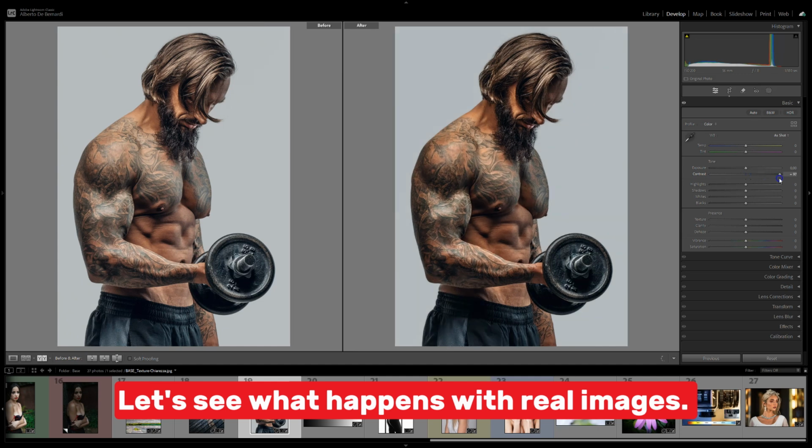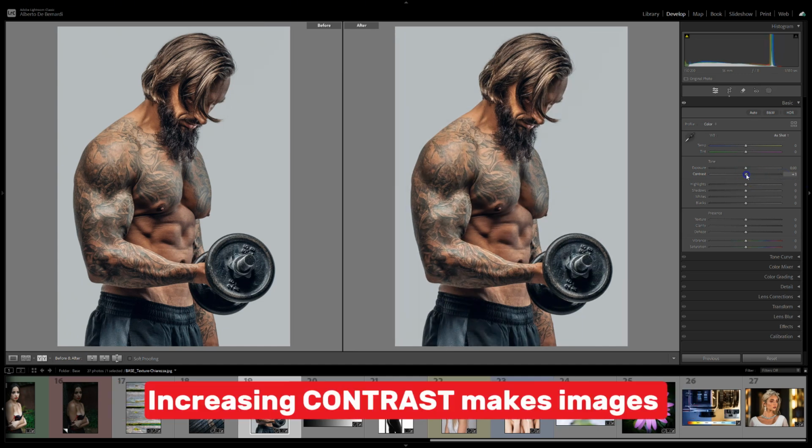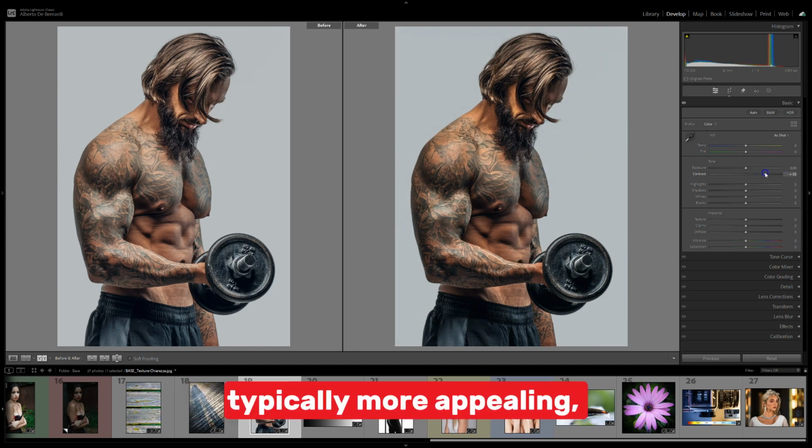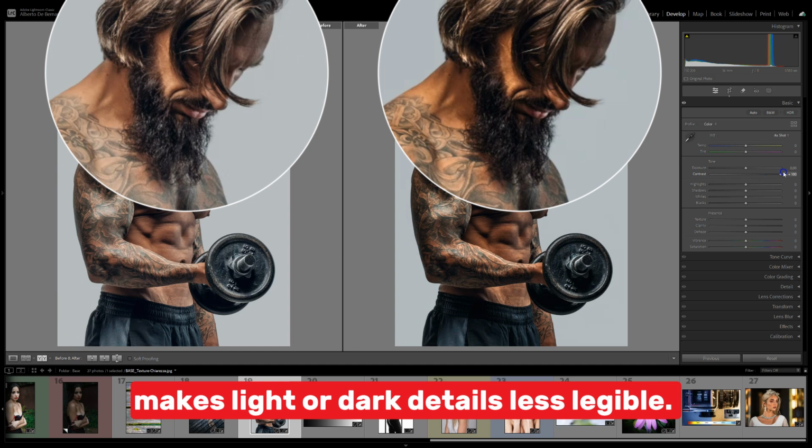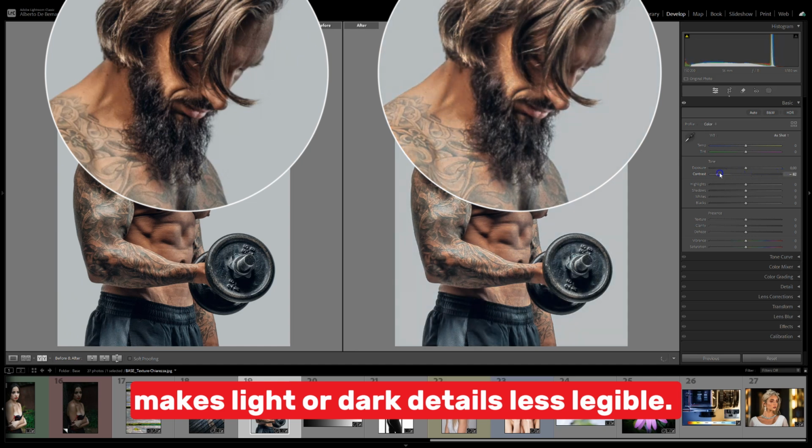Let's see what happens with real images. Increasing contrast typically makes images more appealing, but by compressing the tonal range at its extremes, it makes light or dark details less legible.